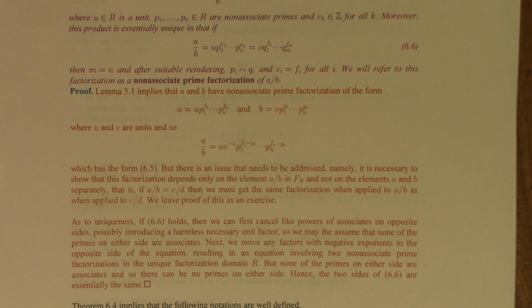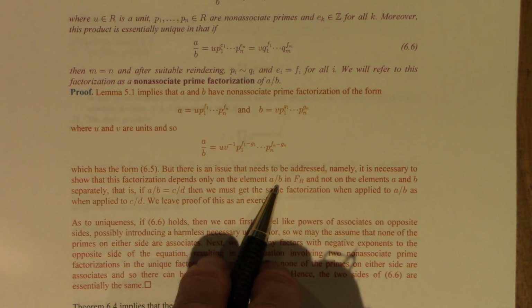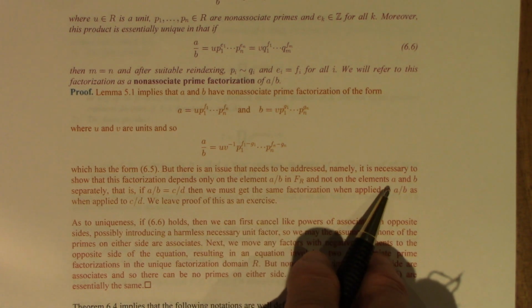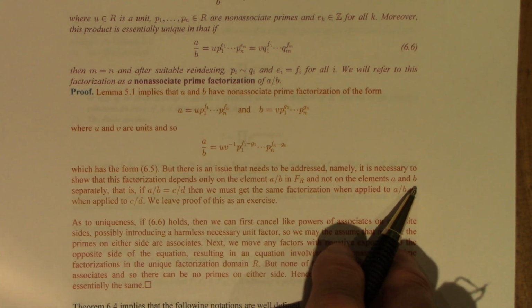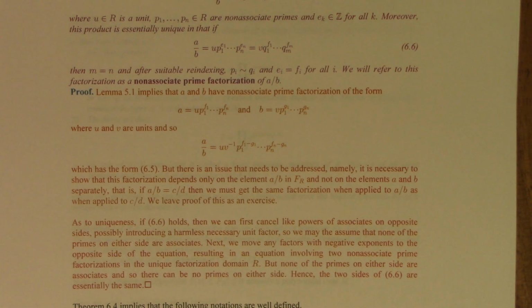But there is an issue that needs to be urgently addressed here. And you might consider pausing the video and thinking about that before you read on or listen on. It's necessary to show that this factorization depends only on the element A over B in the field of fractions and not individually on the choice of A and B. So for example, over the rational numbers, if we factor 1/2, we should get the same result as if we factor 2/4.